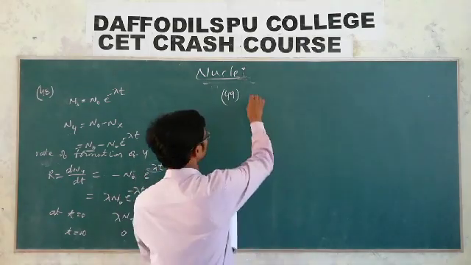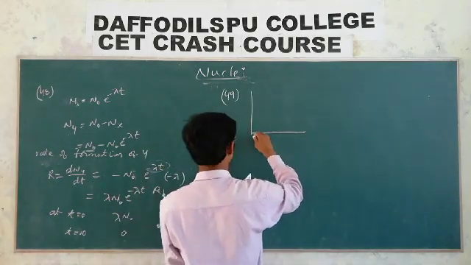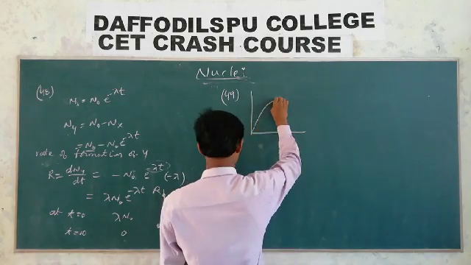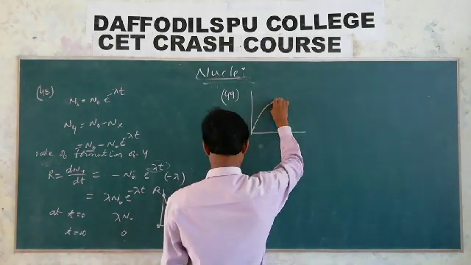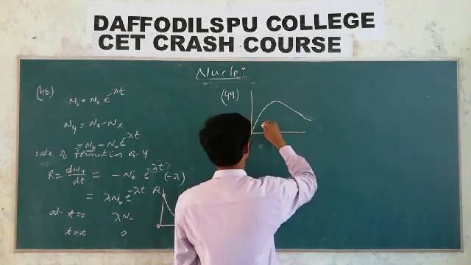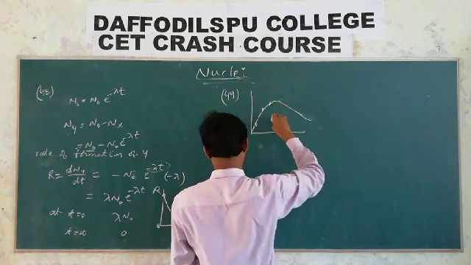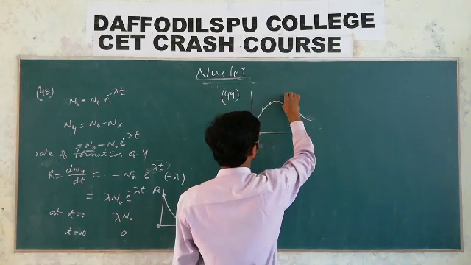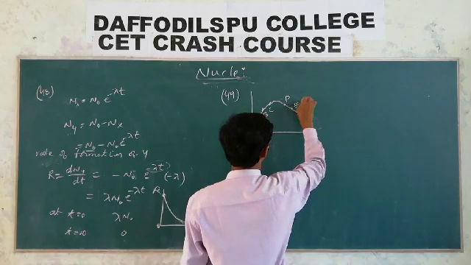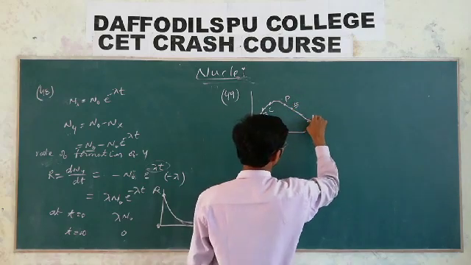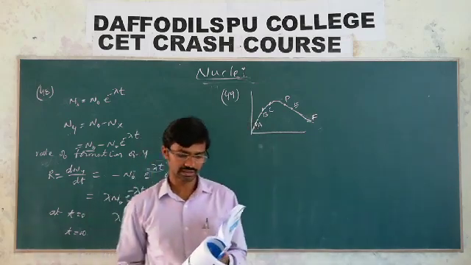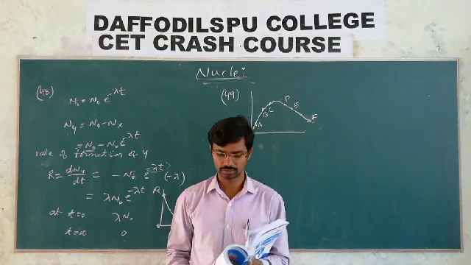The given graph has A, B and C, and this is D, and here E, and where we have A cap. Now they are asking about M, A, B, C and F corresponding to different nuclei.